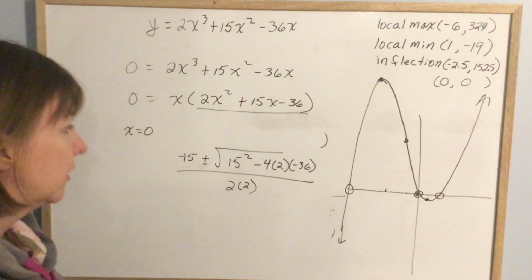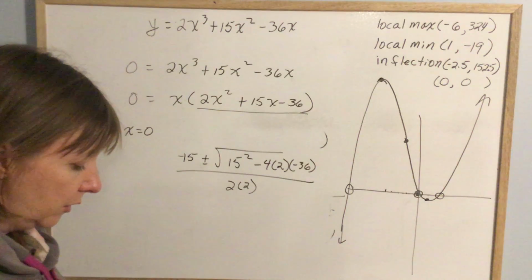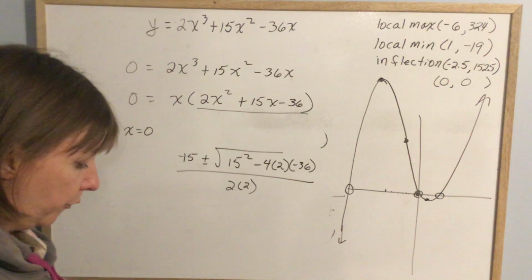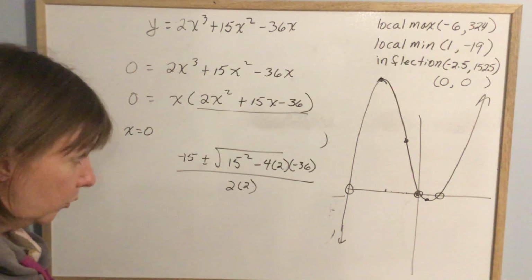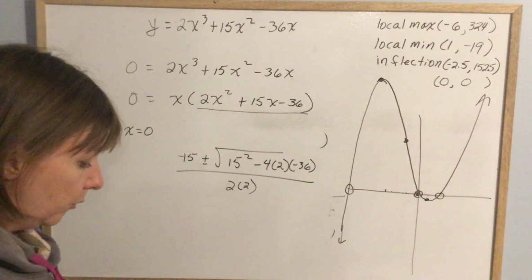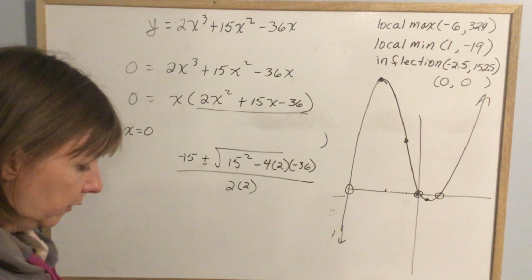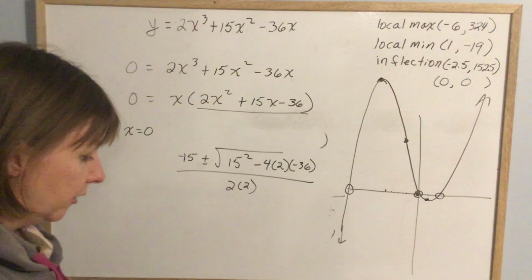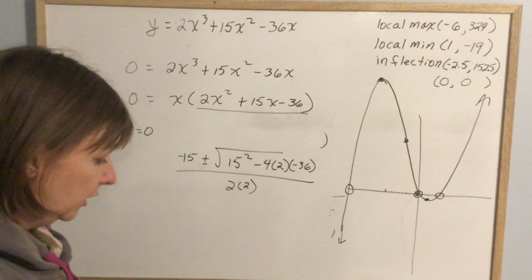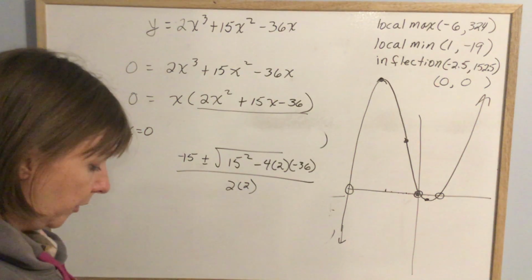So if I was to continue this, I would do 15 squared plus 4 times 2 times 36, and then I would do the square root of that, which isn't going to work out nicely, minus 15 divided by 4.